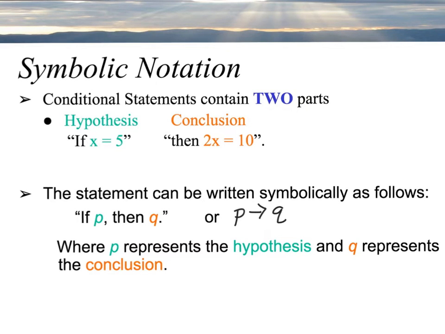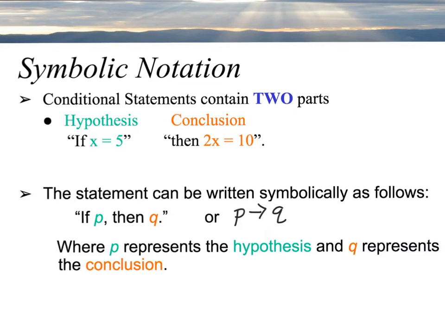So we've talked about conditional statements already, and we said that they contain two parts, a hypothesis and a conclusion. For example, if you have the statement, if x equals 5, then 2x equals 10, that's a conditional statement.